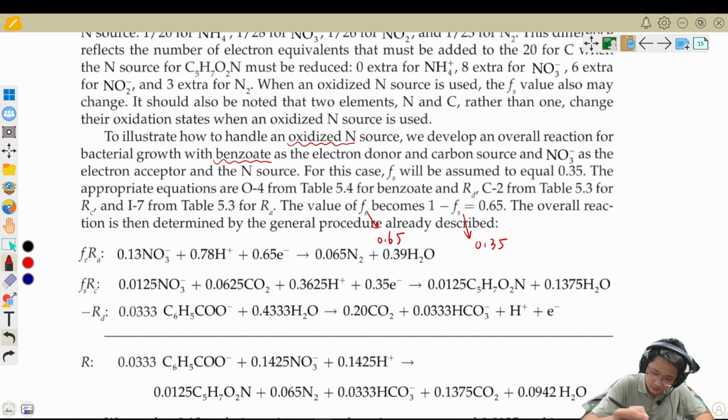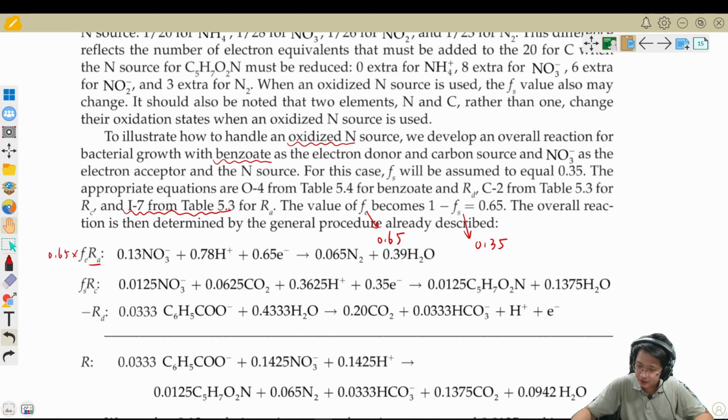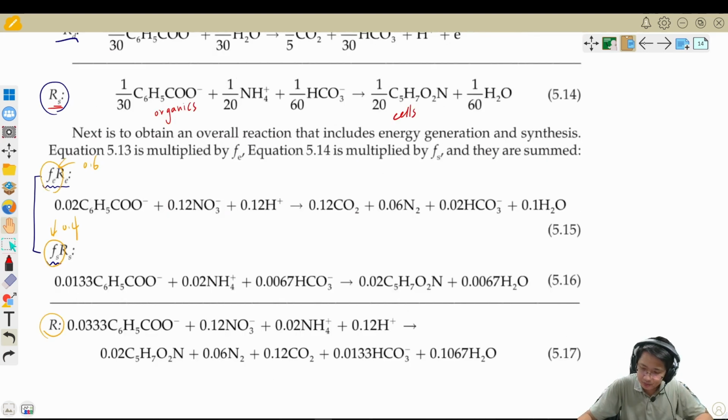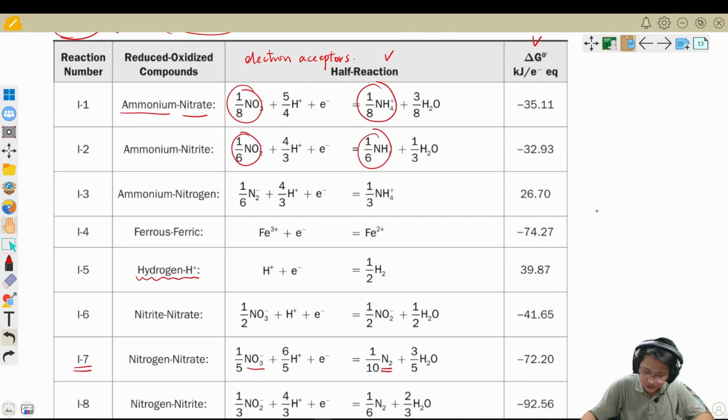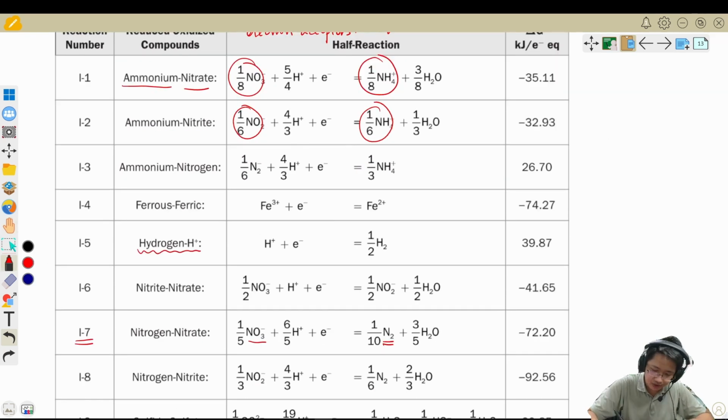So the Fe will be 0.65 times Ra. The Ra is coming from the table 5.3. As we just saw, the R7 here is 1/5.